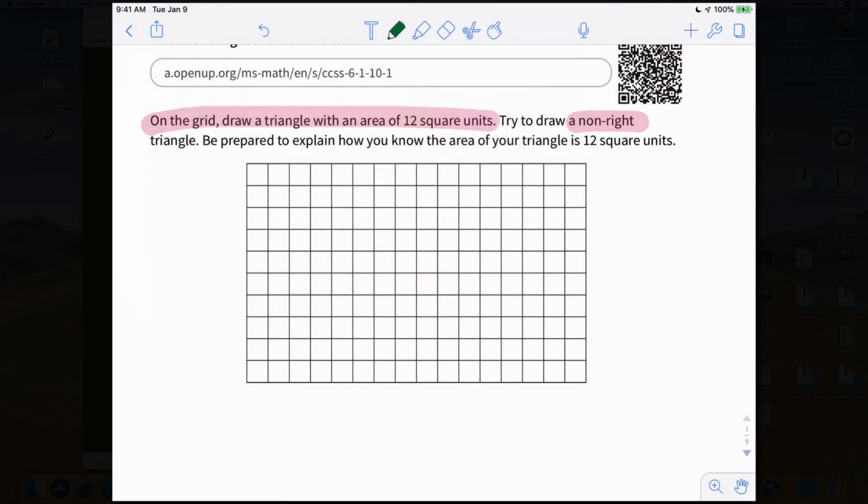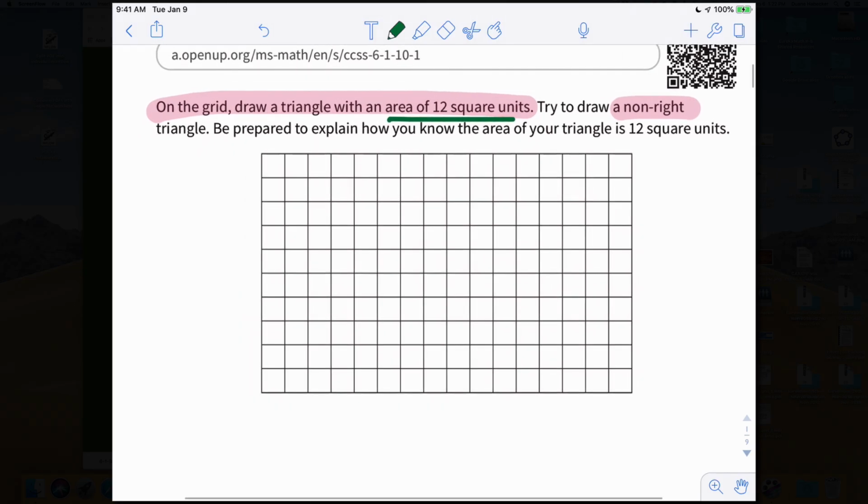So we remember that the formula for the area of a triangle is base times height divided by 2. Or you could say 1/2 times base times height. They both work.